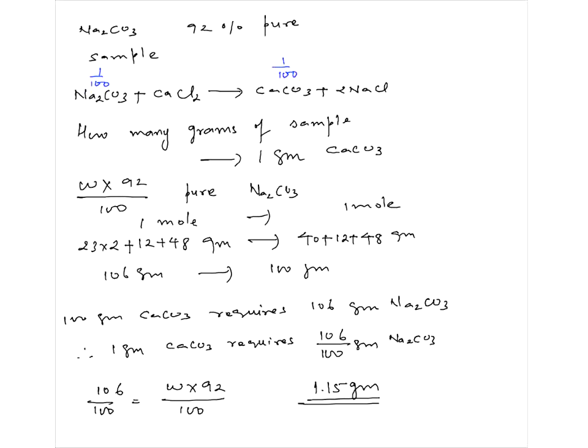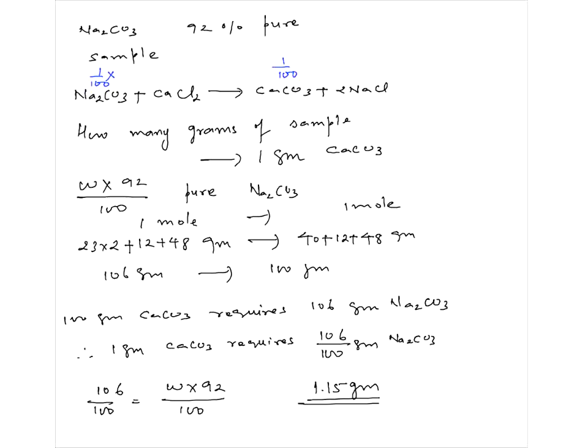Now, if you need 1 upon 100 moles of sodium carbonate, pure it is. That means how many grams do you need of sodium carbonate multiplied by how much? So the 106.